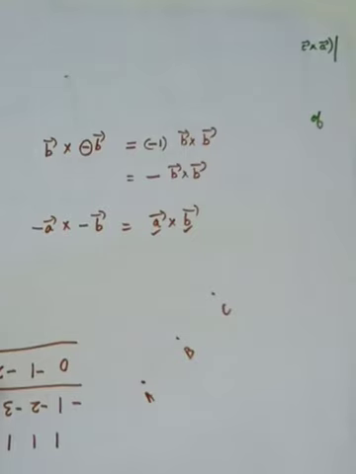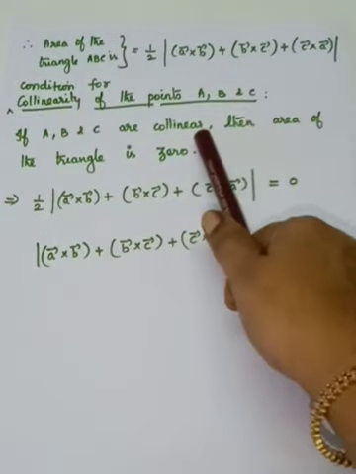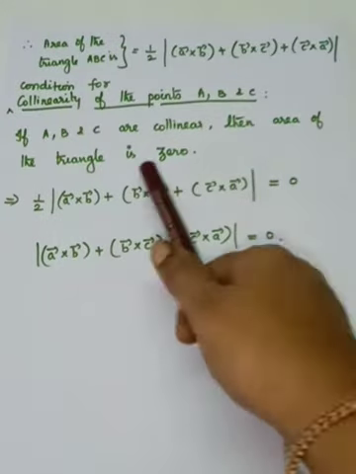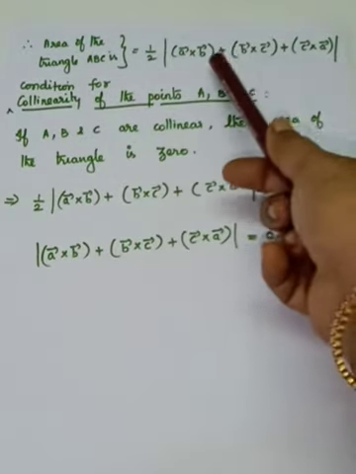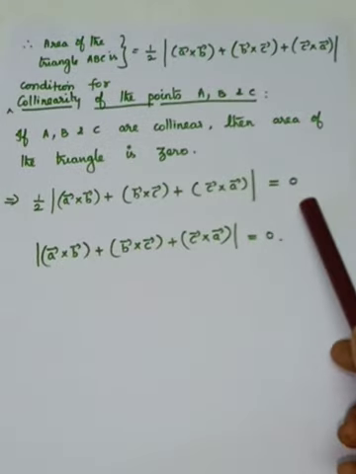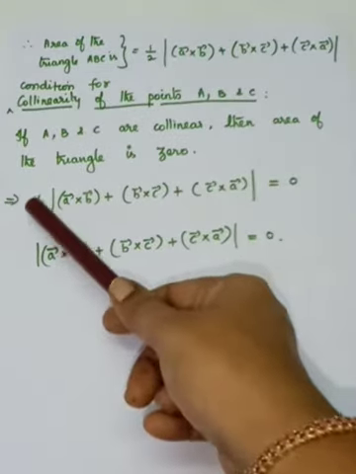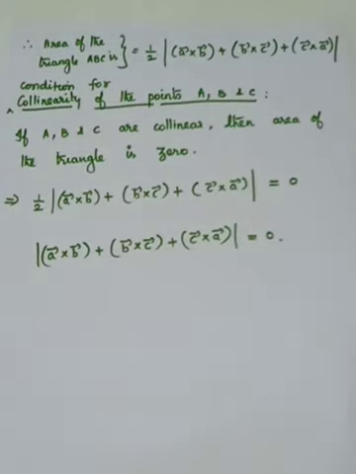No. So if you can't draw the triangle, the area of the triangle is 0. So if the 3 points are collinear, then the area of the triangle is 0. Here we have found the area of the triangle, so it should be 0. The half, when you take it to the other side, will become 0. So this is the condition for the 3 points to be collinear.